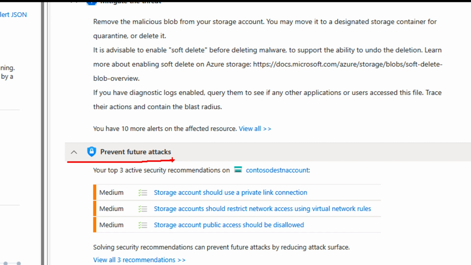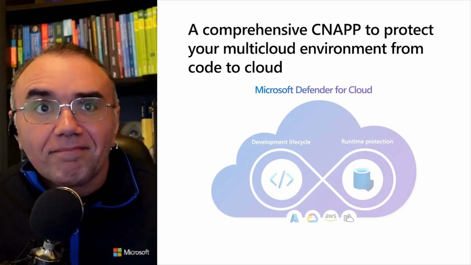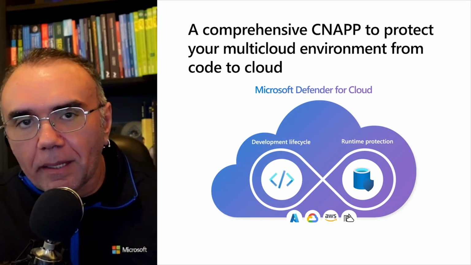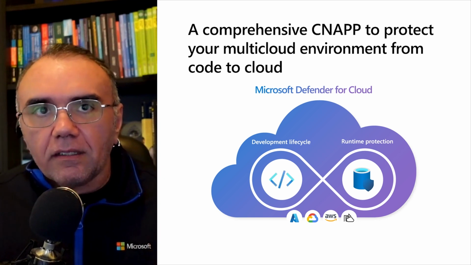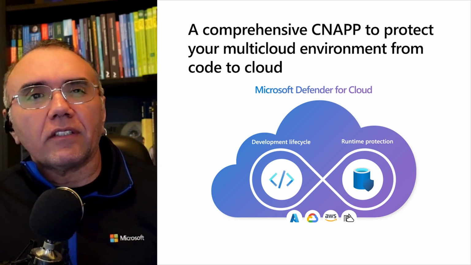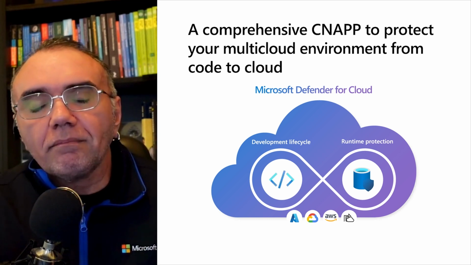So this is extremely important, not only for SOC analysts that will utilize this to triage alerts, but also for posture management improvement over time. So there you go. A simple yet strong use case to illustrate how anti-malware scanning in the file upload workload can potentially save the customer's cloud environment from being compromised by malware.